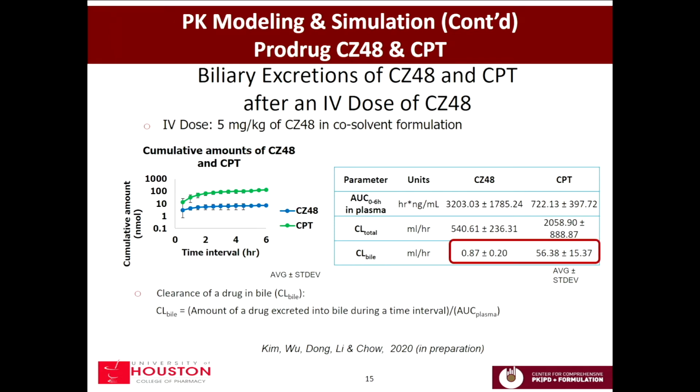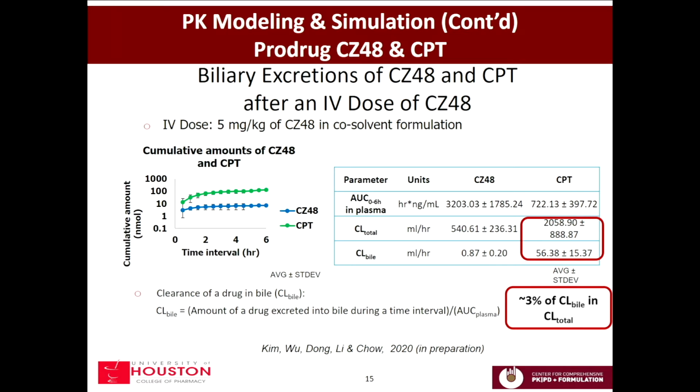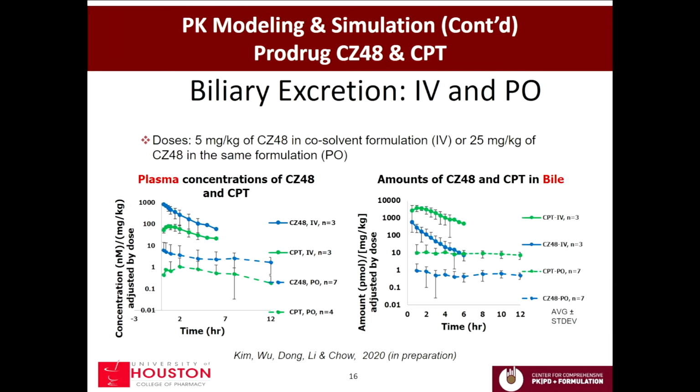We also did the pharmacokinetic analysis and found the clearance into the bile was significantly higher with CPT. Usually enterohepatic recycling refers to the conjugate. But this time we found that CD48 and CPT were secreted into bile as the parent form. That's not originally anticipated. So that's only 3% of dose or 3% of clearance into bile. That's how we concluded that in the rodent it's not a significant route.